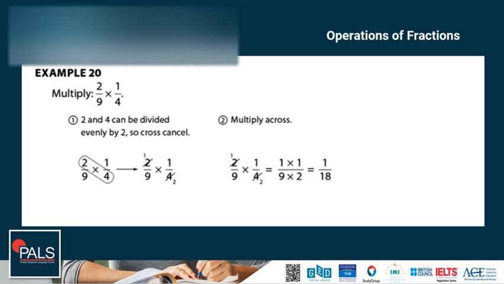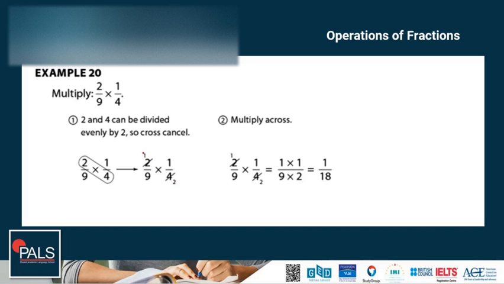Example 20, multiply 2 over 9 times 1 over 4. So the first step is, 2 and 4 can be divided evenly by 2. So cross cancel. 2 divided by 2 is 1, and 4 divided by 2 is 2.